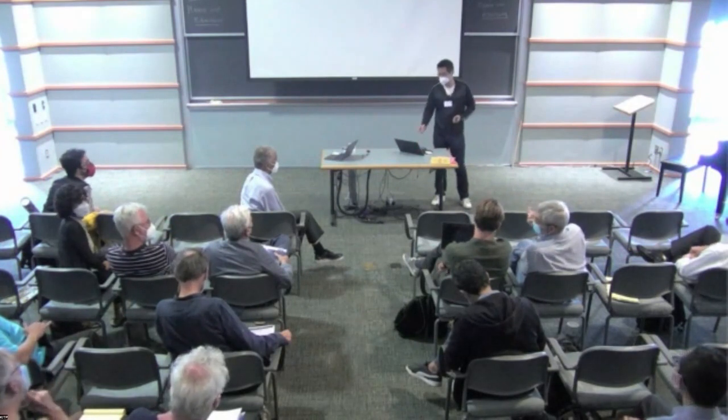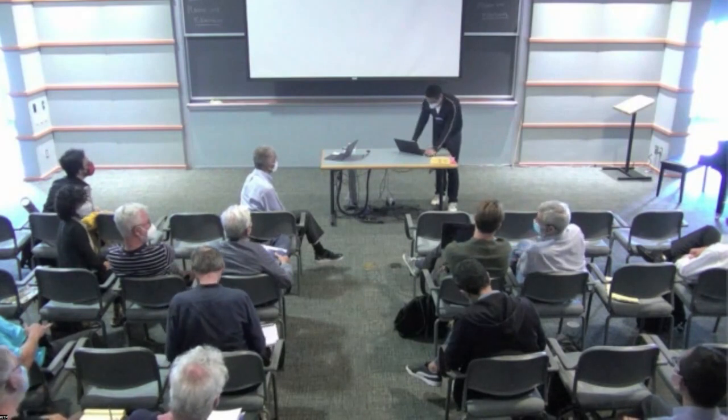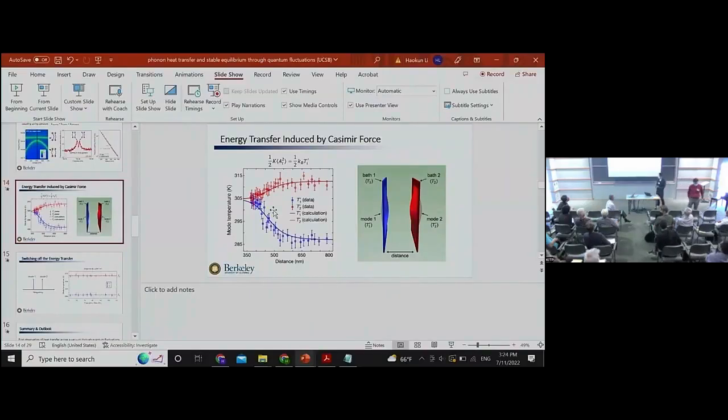So we measure the vibration of the mode, and then the heat flux is calculated by the difference between the mode temperature and the mass temperature, and we multiply it by the damping rate. So if you want to get a heat flux, that's our estimation.